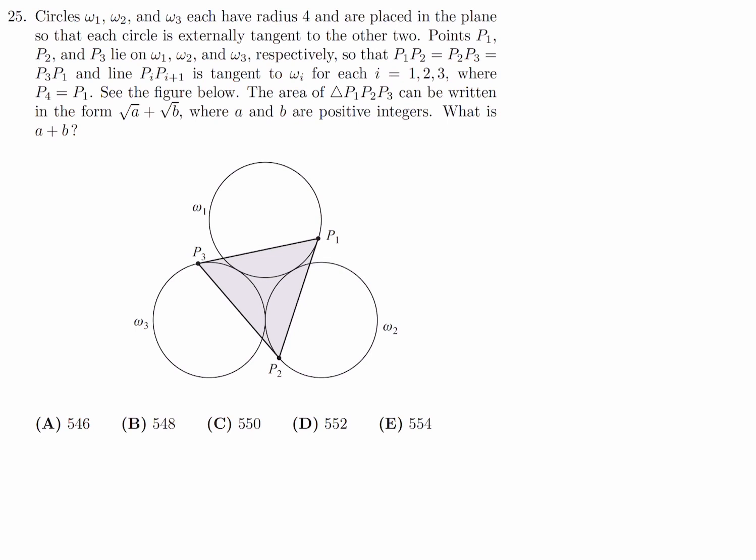So the first thing I'm going to do is draw some helpful lines. The first line is going to be from the center to P1. So like this. And I can label that center, approximately here, O1.